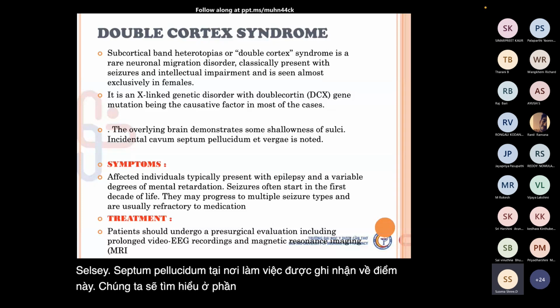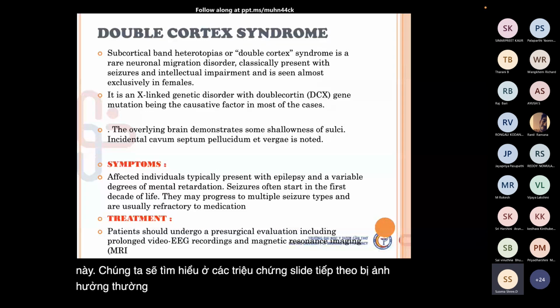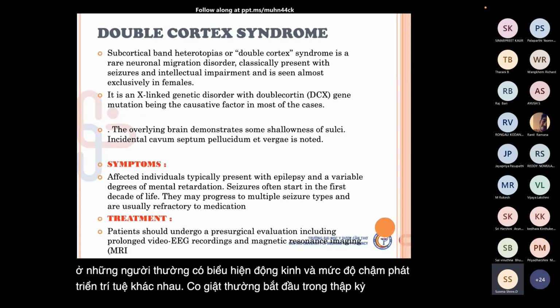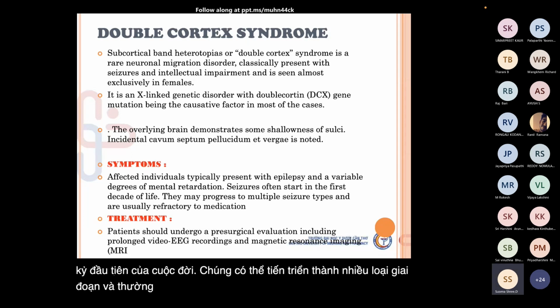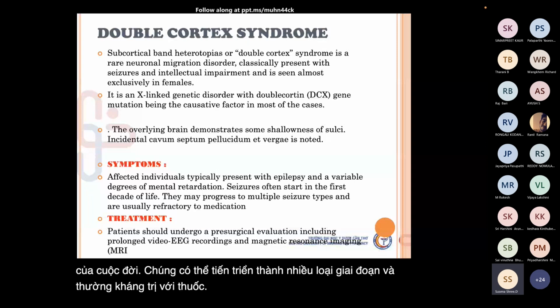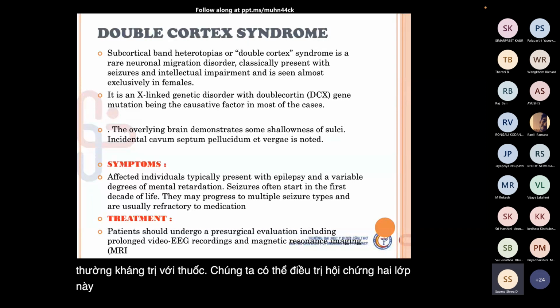Symptoms: affected individuals typically present with epilepsy and variable degrees of mental retardation. Seizures often start in the first decade of life. They may progress to multiple seizure types and are usually refractory to medication. We can evaluate double cortex syndrome by pre-surgical evaluation, including EEG recordings and magnetic resonance imaging, MRI.